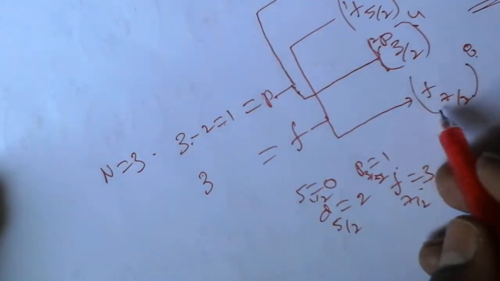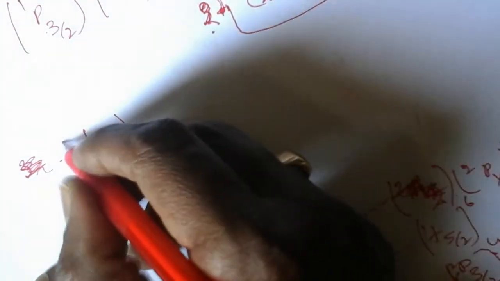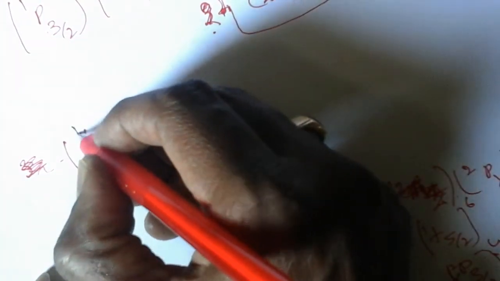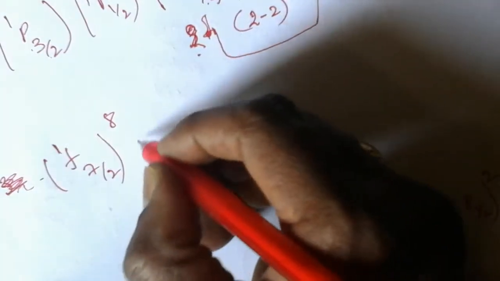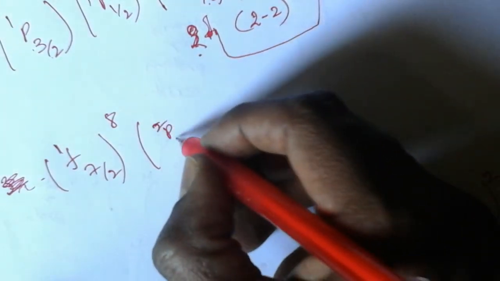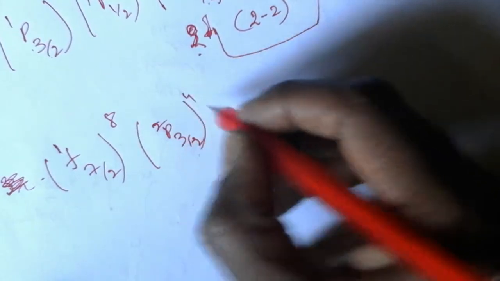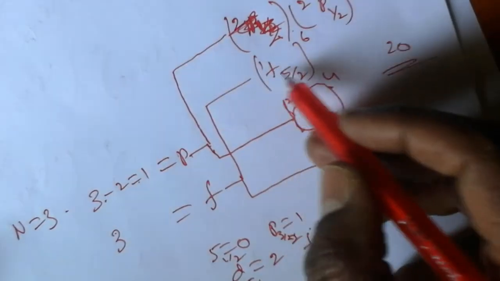f means here 7 by 2, so 7 by 2 first time, power 8. Next to p 3 by 2, whole power 4.